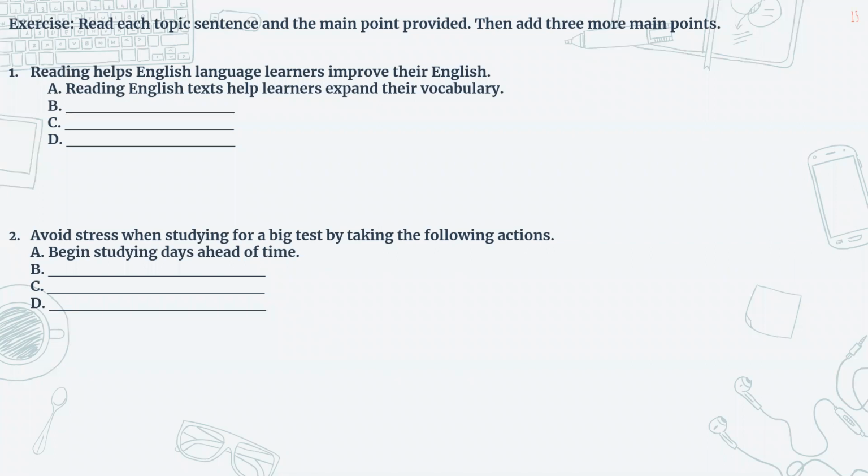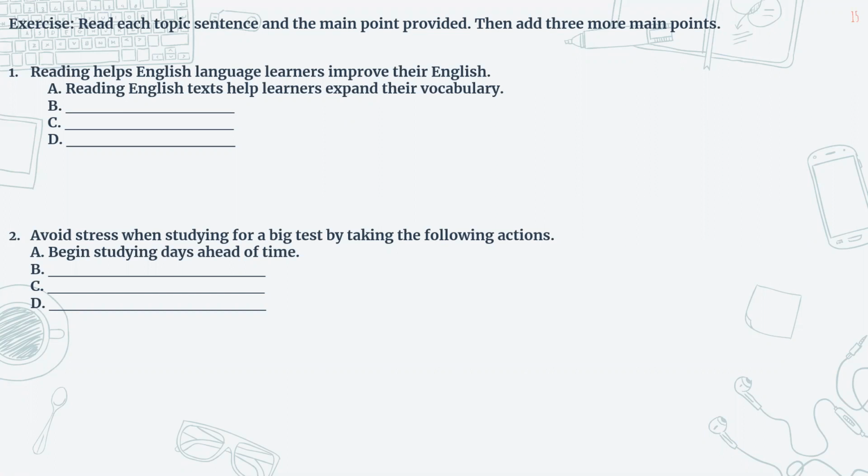Reading English texts helps learners expand their vocabulary base. Two, avoid stress when studying for a big test by taking the following actions. So I will be talking about these actions that you can use to avoid stress when studying for a test. The first one, begin studying days ahead of time. Can you come up with three more?